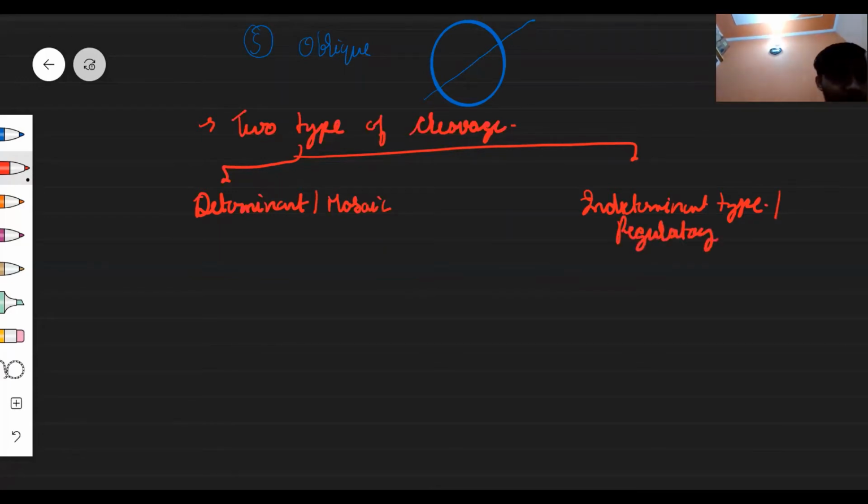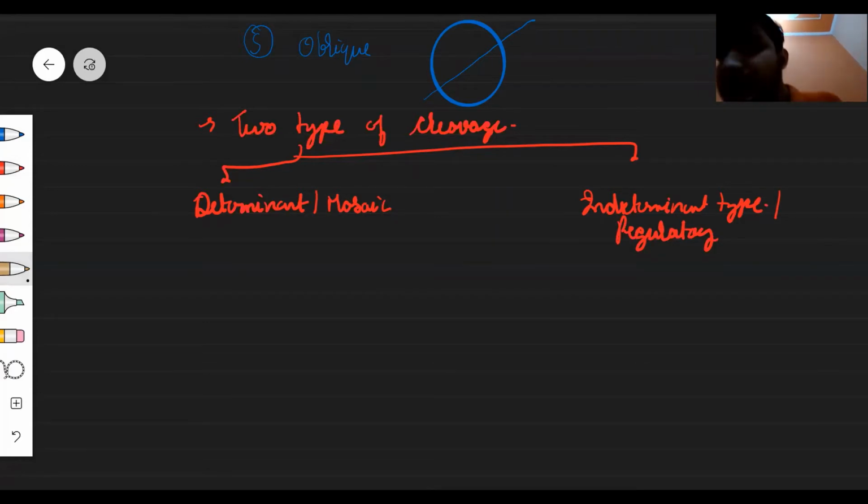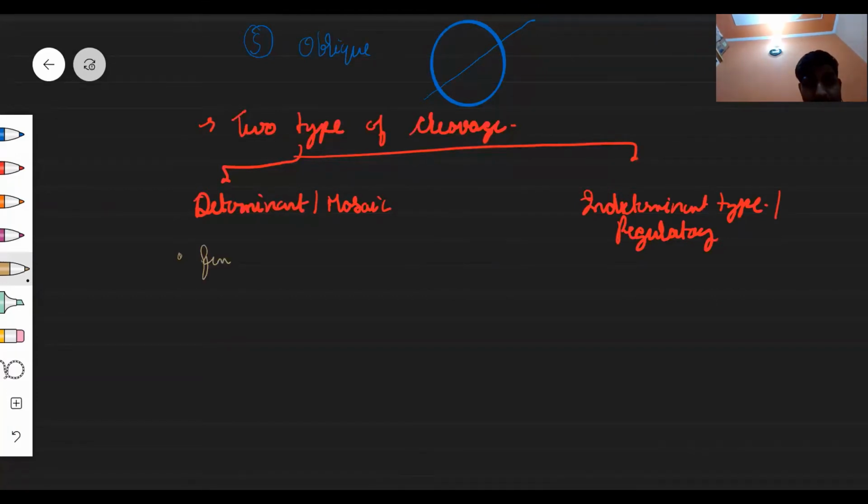What is the determinate type? The function of the cell is predetermined. It is basically determined at the four cell stage.